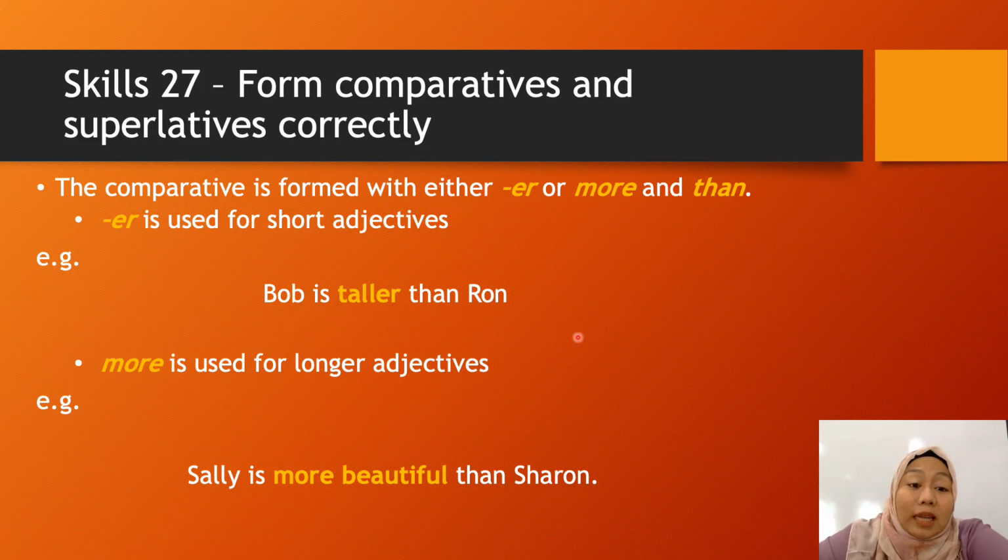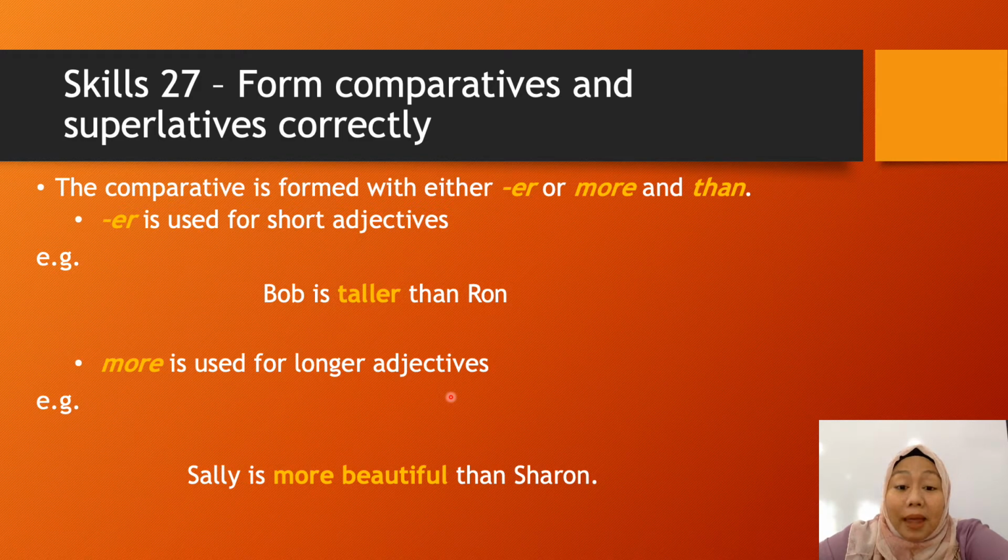The second one is more, which is used for longer adjectives. So if you have longer adjectives, then you use more to form the comparatives. For example, more beautiful, more exciting, more sophisticated. Okay, so if you want to form comparatives for longer adjectives, then you use the word more.